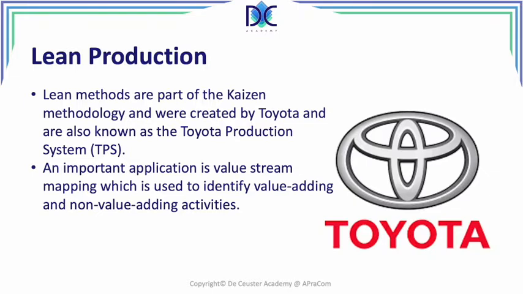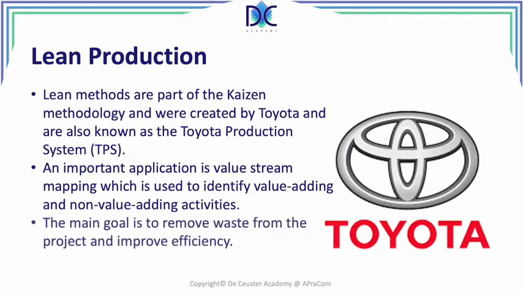The more value we create, the better it is, and non-value adding activities only create cost, they don't add value, and in some cases they can even increase quality issues and different risks on the project. So it's very important to look at what we call value stream mapping.